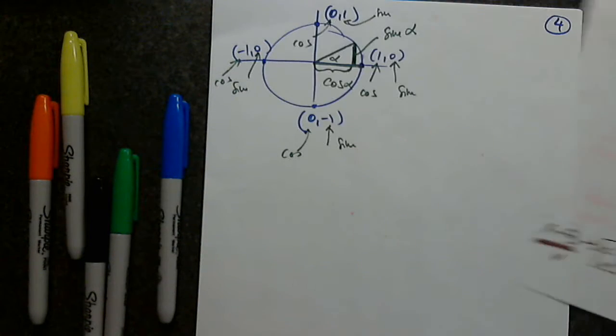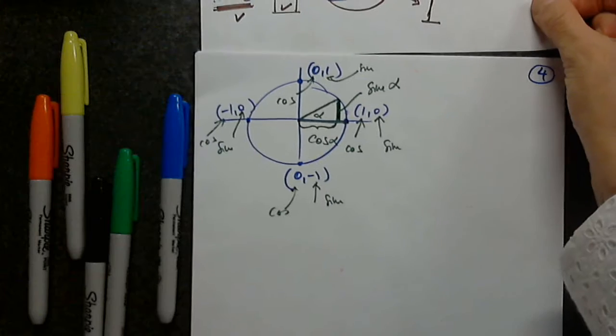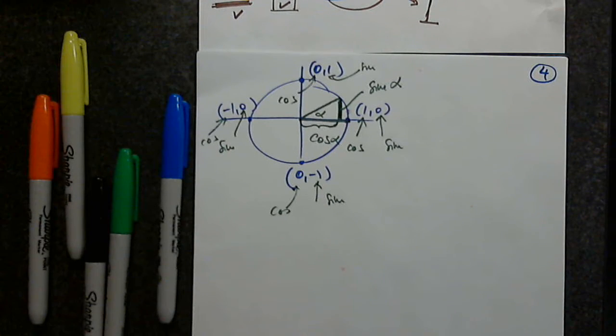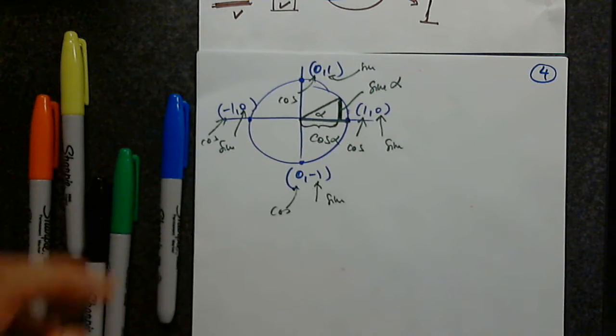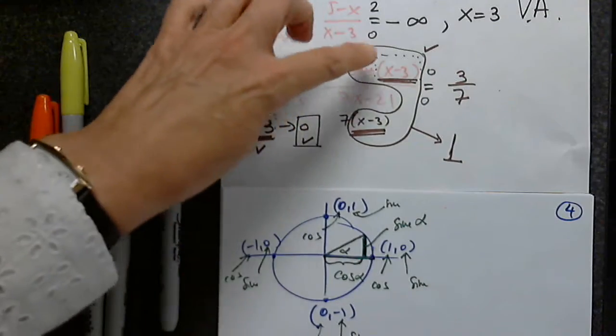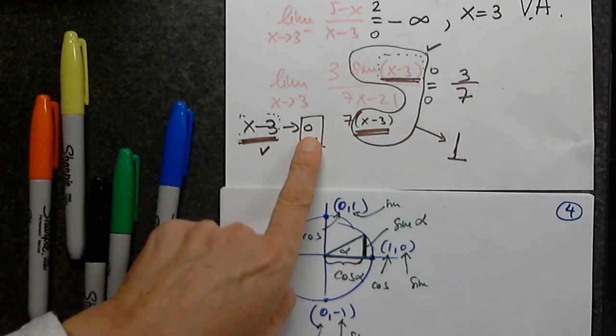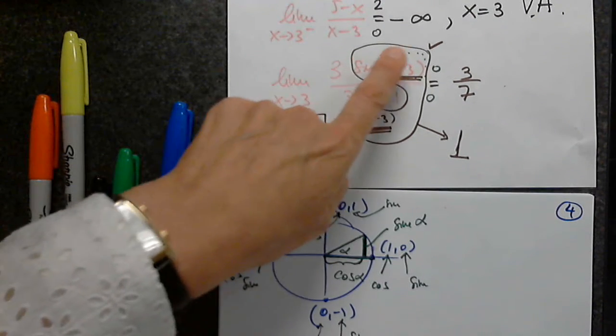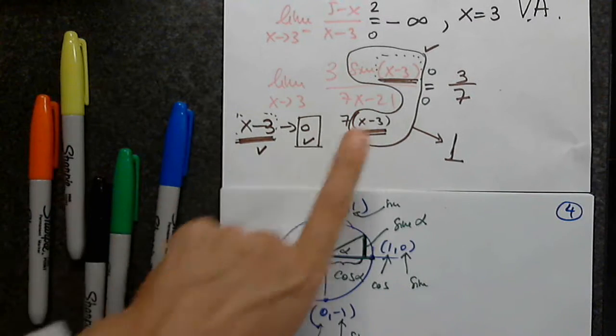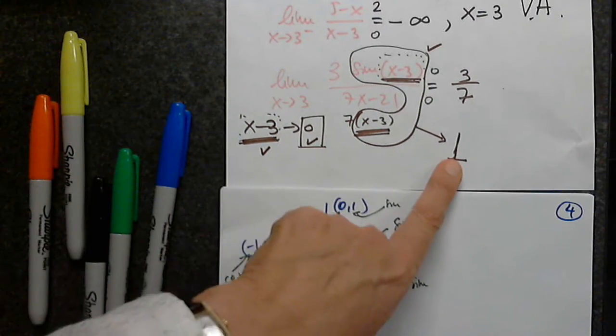Okay, any questions for me? Any questions? I missed that. So this piece and this piece are all the same, and this is 0. So the limit of sine of alpha over alpha when alpha approaches 0 is 1.